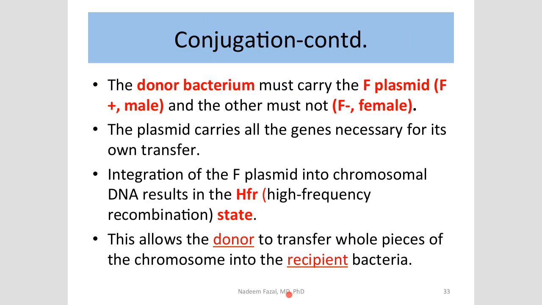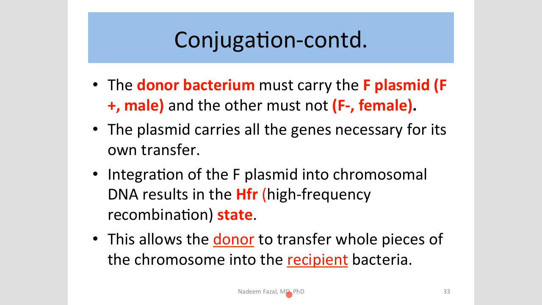Now, a little more detail. As a rule, the donor bacterium has to carry a plasmid which we call the F plasmid, and F is for fertility. F positive is male because that's the donor. The other bacterium we call female because it is the recipient, so we call it F negative. So that's a conjugation between different bacteria.